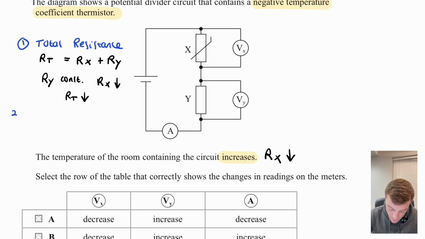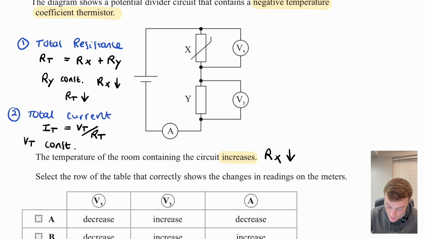Step 2, total current. IT equals VT divided by RT. VT is constant because the total potential difference, or the EMF, isn't changing.